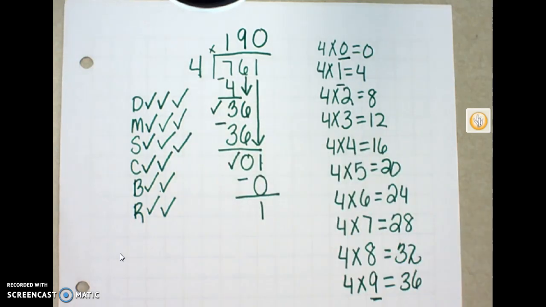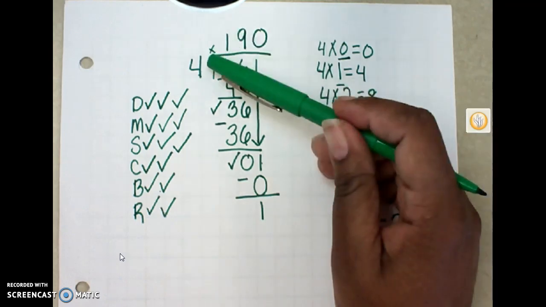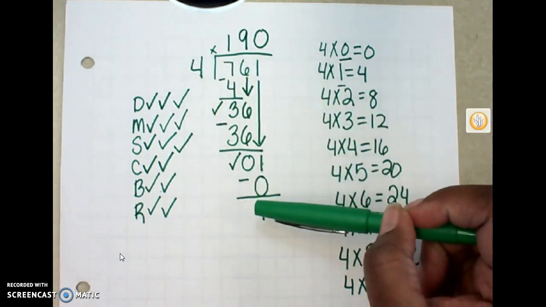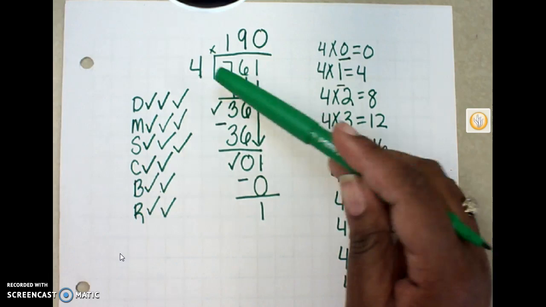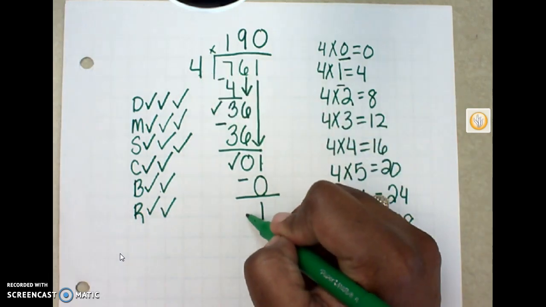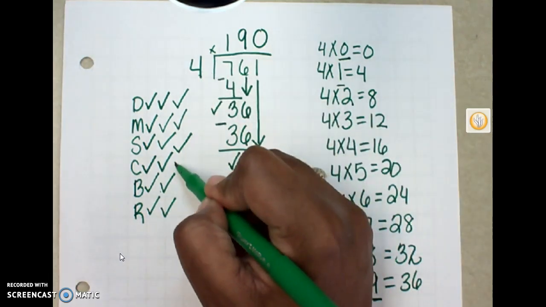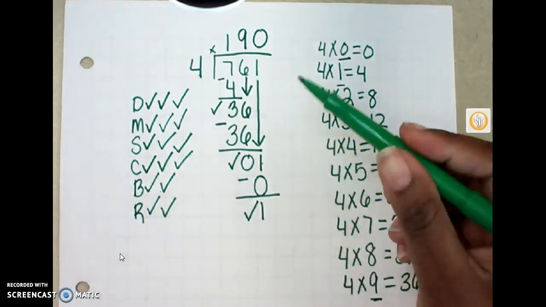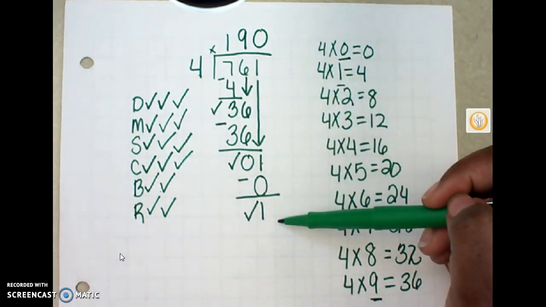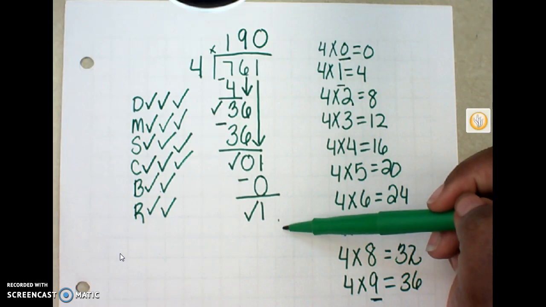C stands for check. I am checking to see if my remainder of 1 is smaller than my divisor. My remainder is smaller than my divisor, so I'm going to put a check by the 1 and a check by C. I have nothing to bring down. I have nothing to repeat.